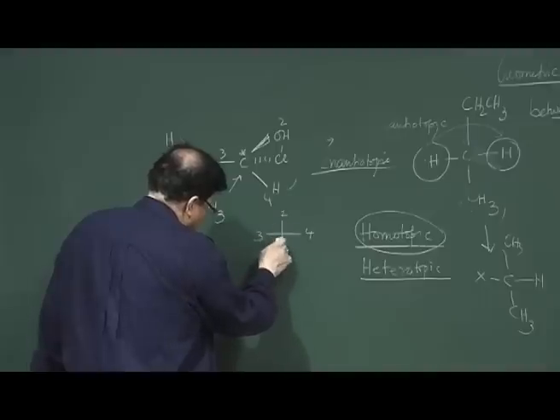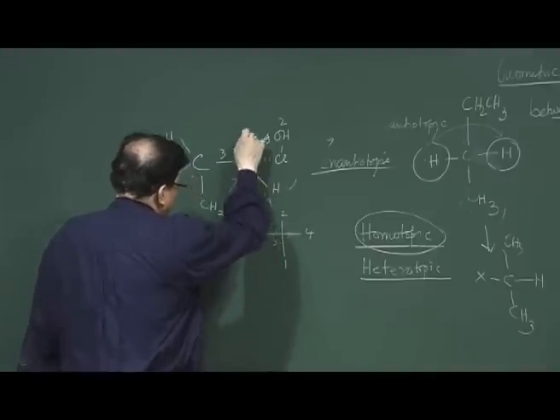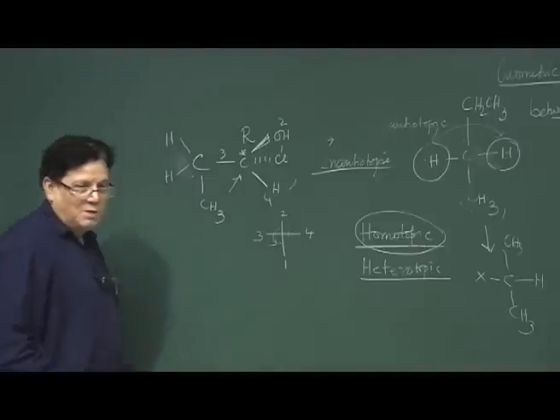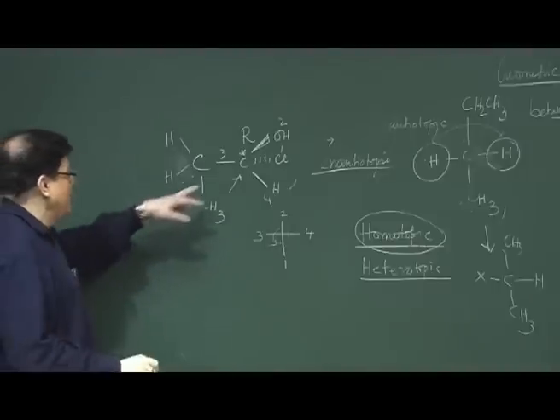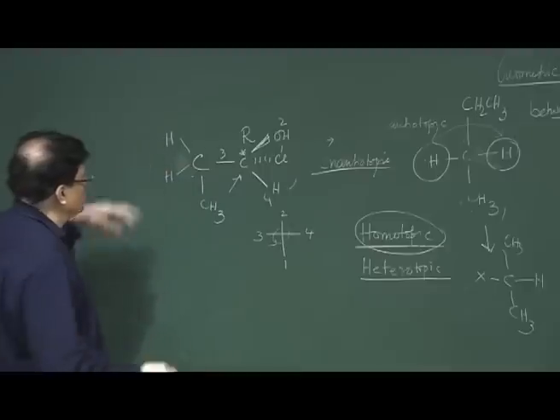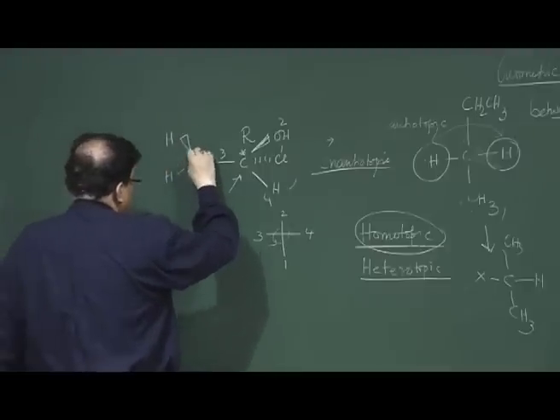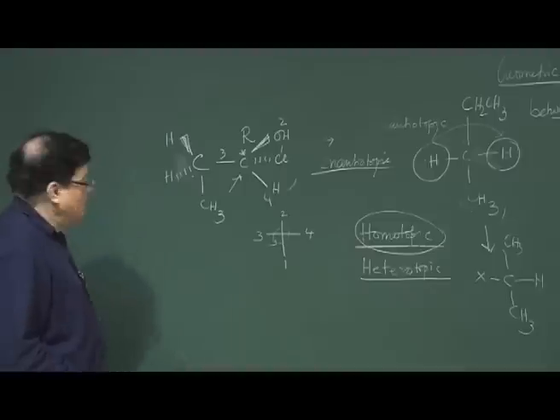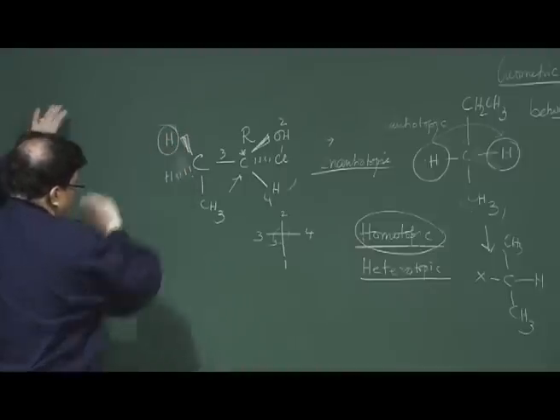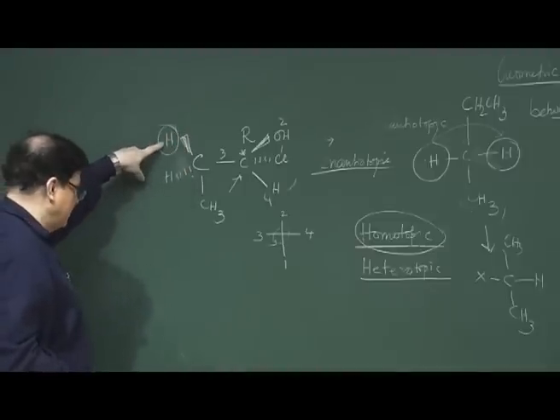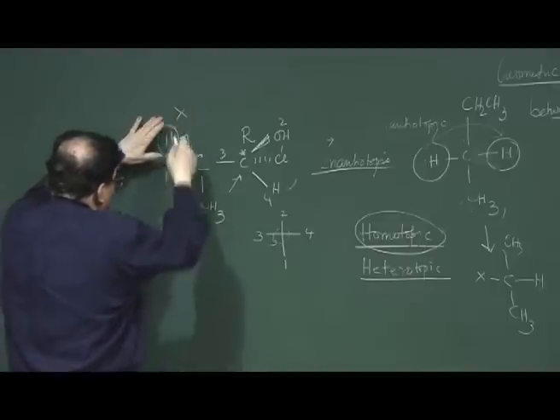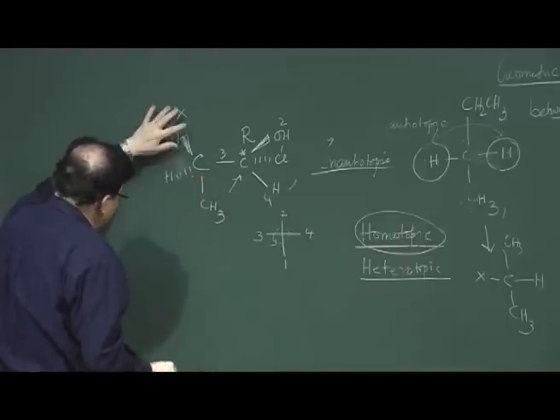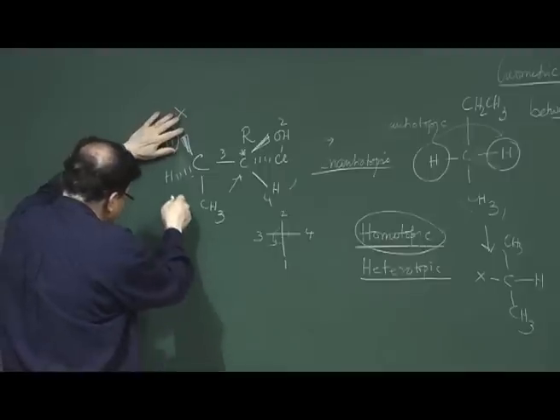So 1, 2, 3 appears to be anti-clockwise, so that should be R configuration. So you have R configuration here. Now what is the relationship between these two? Among these two hydrogens, one will be beta, another will be alpha. Okay. So if you replace this hydrogen by X, and keep the hydrogen here and replace this by X.